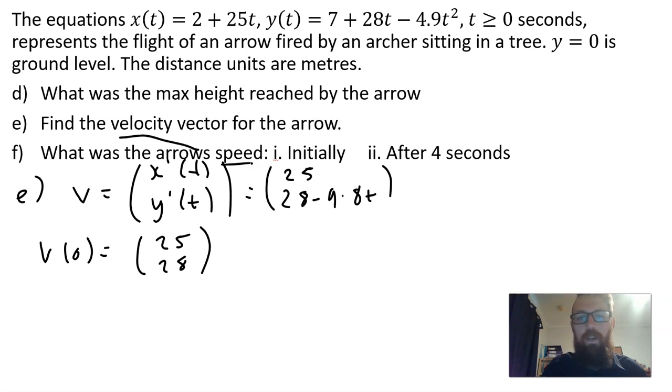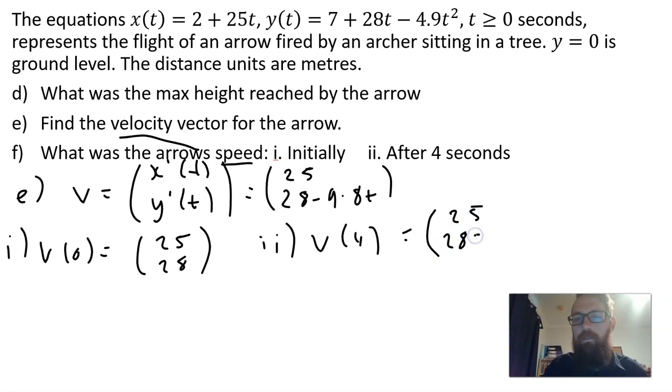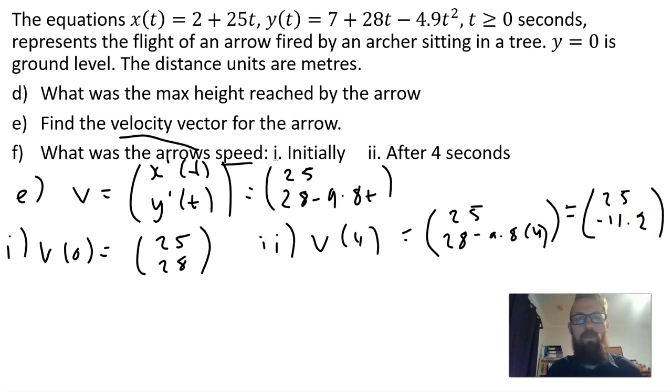So we want to substitute 4 in here as well. So v of 4 equals, again, that x component is still 25. The y component becomes 28 take 9.8 times 4. All right, let's just put that in our calculator. So that's negative 11.2.